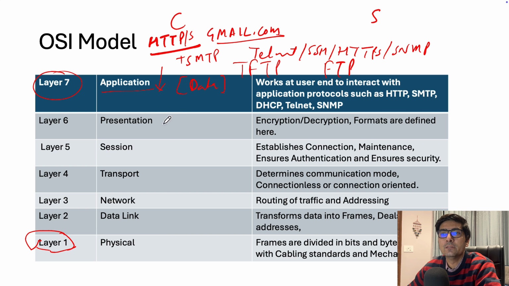Okay, then what happens in layer number 6, presentation layer? It's a logical model. Okay, don't worry, it just helps you understand that traffic flow and is very helpful in troubleshooting. So presentation notes down the formats. It ensures that whatever design and format you've used, the extensions which are there at the email or inside of the email, those are preserved, because the email which you sent should be received the same way at the destination.